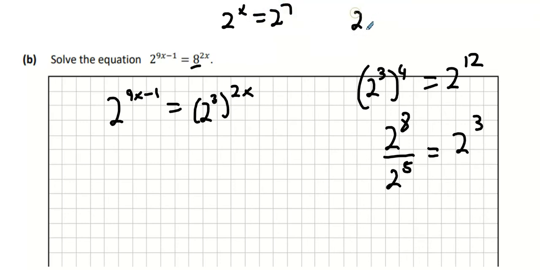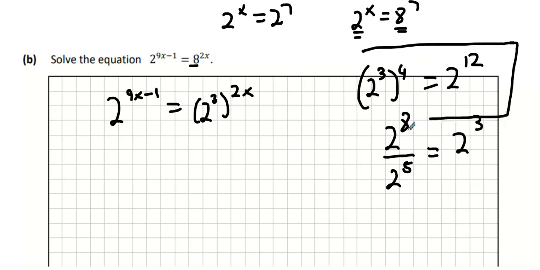However, if I had 2 to the power of x equals 8 to the power 7, I can no longer say x equals 7 because the base numbers are not the same. So in order to do this question, I needed to turn the base number of 8 into 2 to the power 3. Now I'm going to use this rule here where I multiplied the 3 by the 4. 3 multiplied by 2x is 6x, 2 to the power 6x, 2 to the power 9x minus 1.